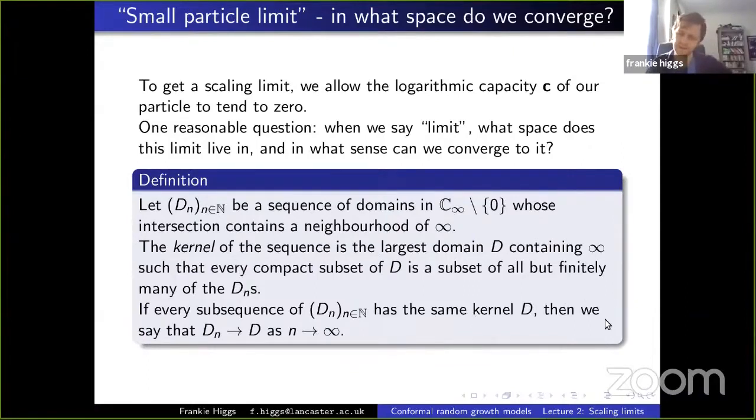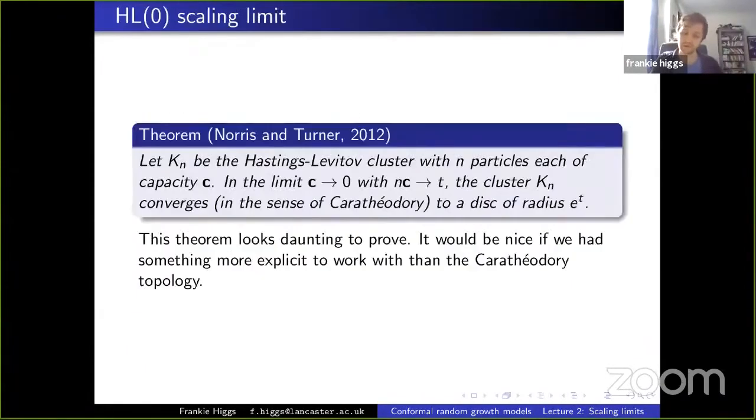I don't really want to get into what this definition actually says, but the point is it's technical and a bit fiddly. We don't ever really want to work with it directly. I'm just not going to get into it. But it does allow us to state a convergence result explicitly.